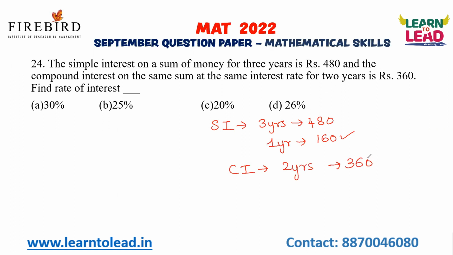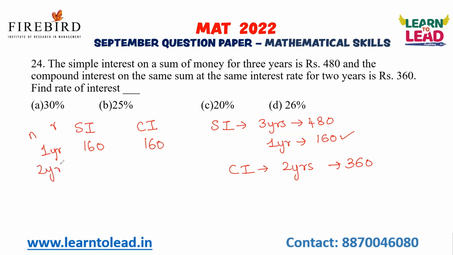Keep it in mind that if you take the same principal and calculate simple interest and compound interest for n years at r percent, for the first year the interest will remain the same. Here we know that for 1 year, the simple interest is 160, and for the same principal and the same rate of interest, the compound interest is also 160.